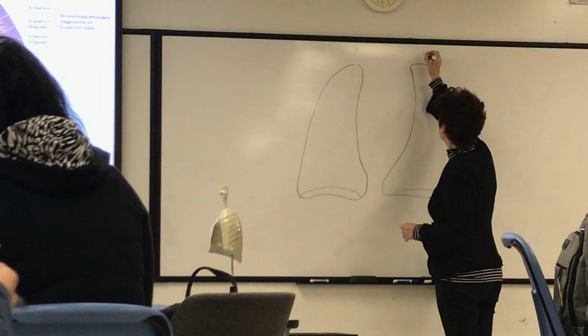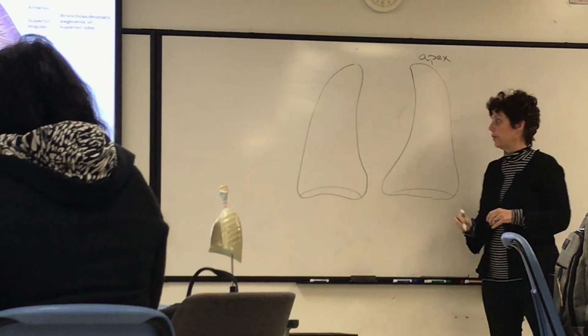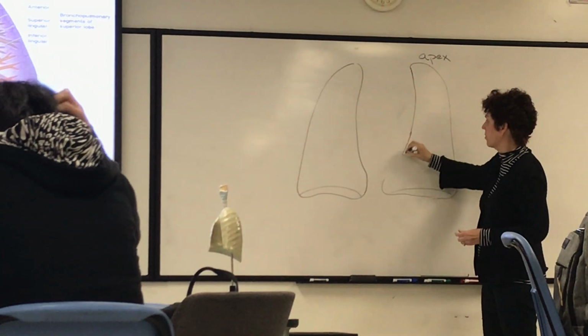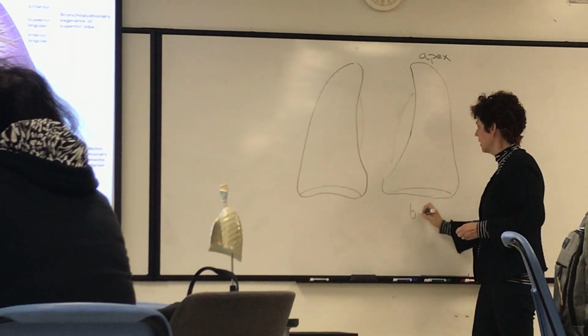So the pointed portion is called the apex. And that's what we call the pointed portion of the heart, but it was pointing in the opposite direction, right? And down here would be the base.